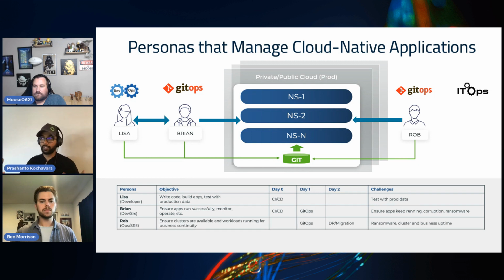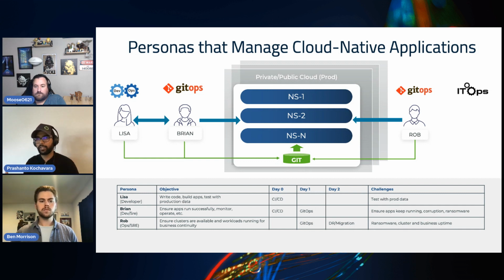And as we move from the development side to the ops side, we have Rob. Rob, you can think of him like an SRE from the ops standpoint, who is building all these clusters for the dev teams to play in and develop their code and run their applications in. Now, Rob is looking at everything at a macro level, right? He is looking at all these namespaces together, and he wants that easy button or that easy workflow to restore everything in case a disaster happens.